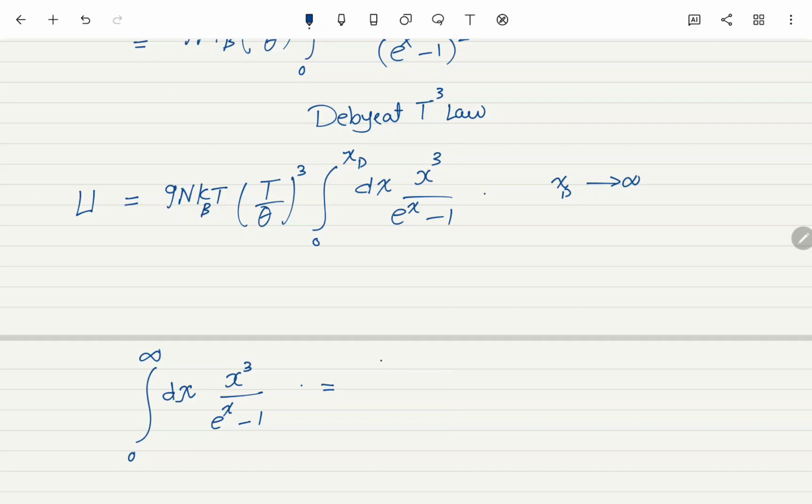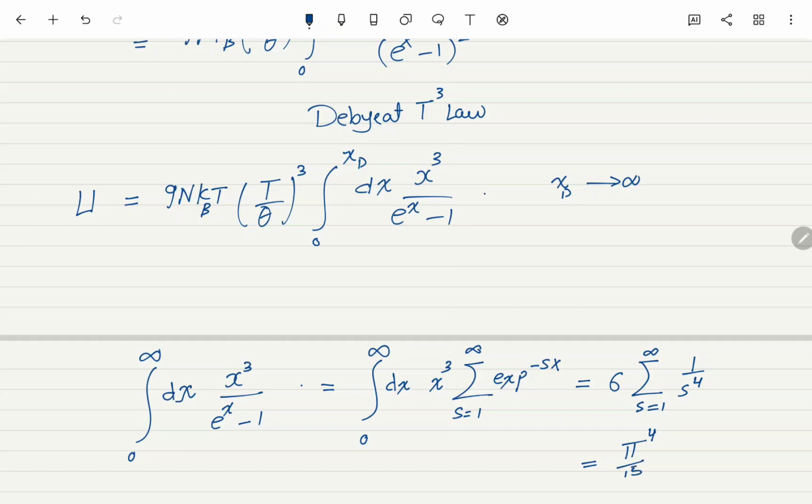and this will be equal to integration from 0 to infinity dx x cube summation from s equal to 1 to infinity exponential minus sx, or equal to 6 summation from s equal to 1 to infinity 1 over s to the power 4. In other words, it's equal to pi to the power 4 over 15.